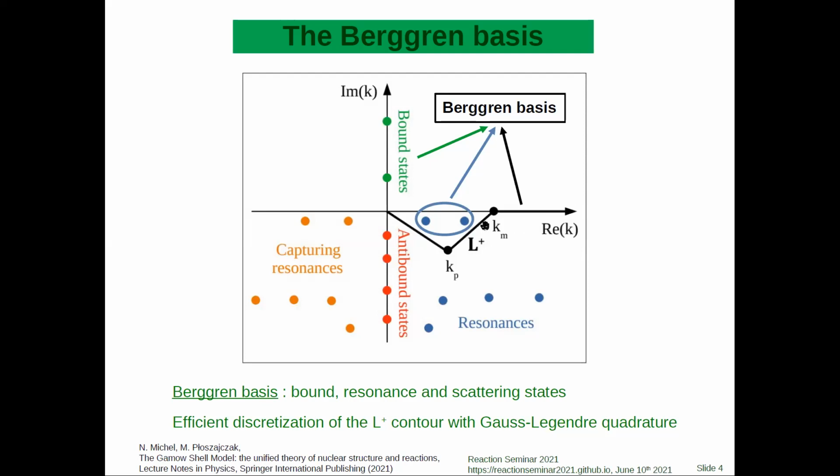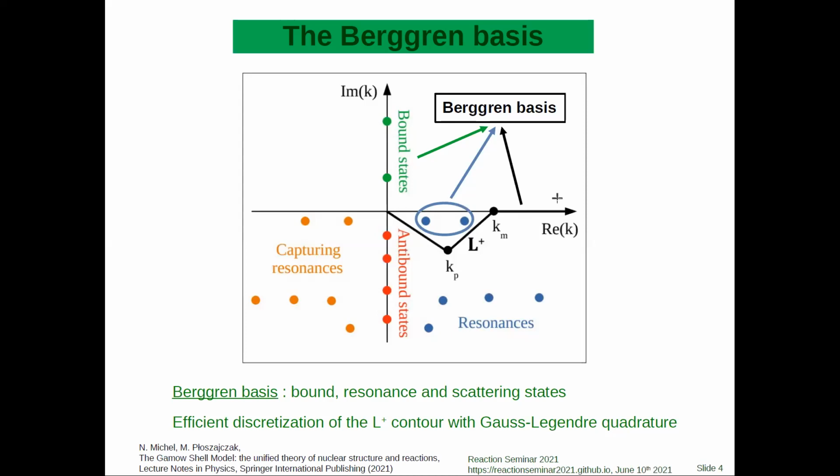In principle, one could have other kinds of Berggren basis. For example, if one encloses anti-bound states, one can have a Berggren basis with anti-bound states. It has been used in some applications, but in this application, I will not use it. I will only consider the Berggren basis based on bound, narrow resonance states and scattering states.